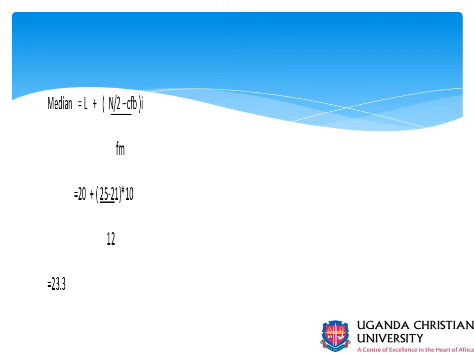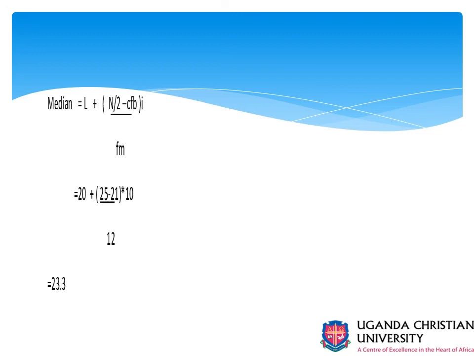So we went to the cumulative frequency column to look for where 25 could fall, and we found that 25 falls within 21. That's how we use the cumulative frequency to find the median class.